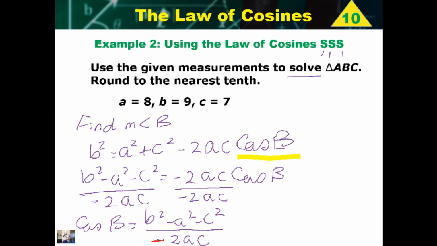Okay, if that's what we got, then when you plug the numbers in, you will end up with, let's see here, b is 9 squared minus a is 8 squared minus c is 7 squared, divided by negative 2 times a is 8, b is 9, and c is 7.